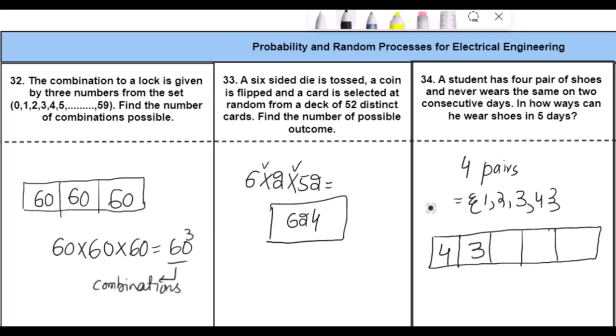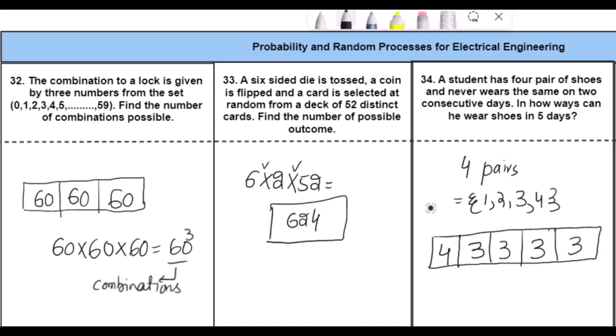Similarly, on the next day, he can again use the pair he wore two days before, but he cannot wear the pair from the day before. So again 3 choices. Similarly here and here as well.